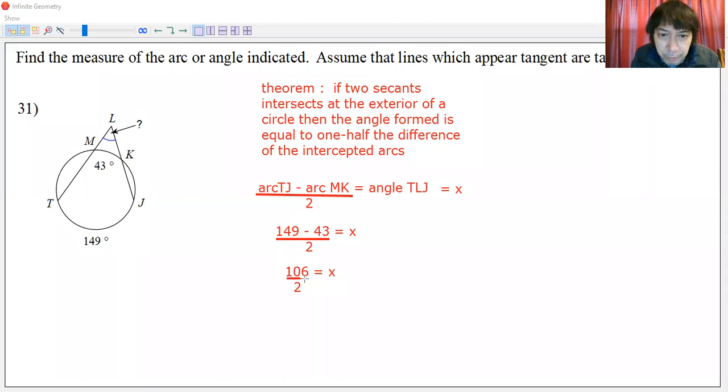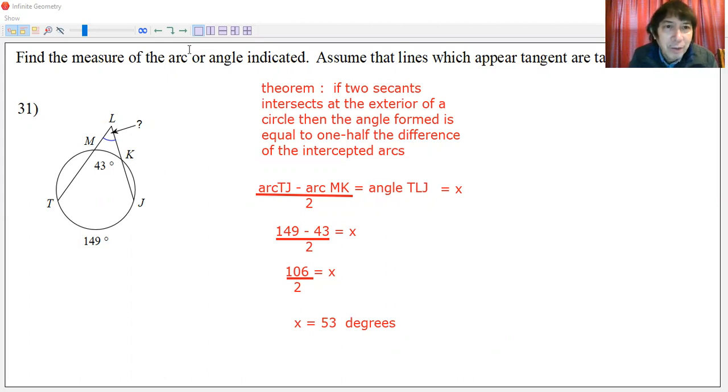This gives us 53. Our X is 53 degrees. This would be our angle.